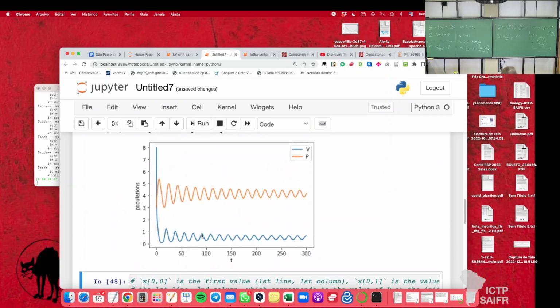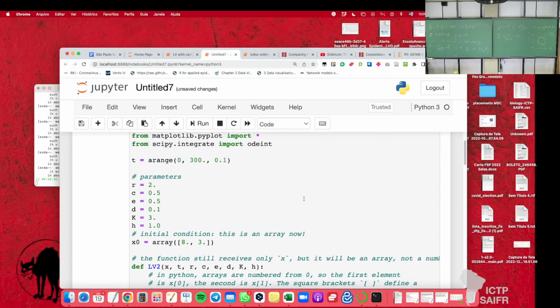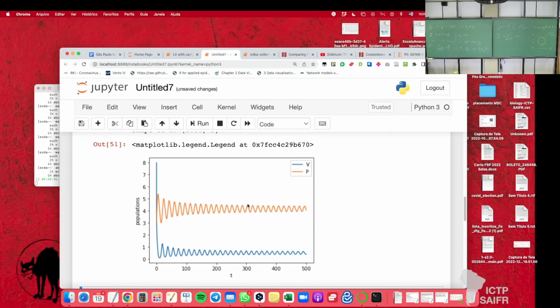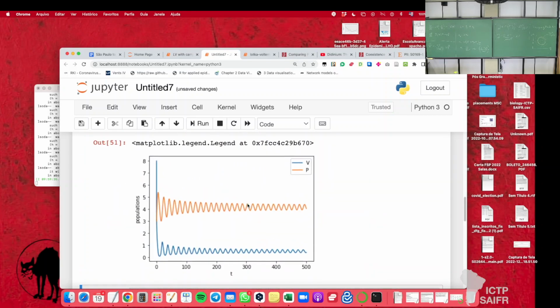Oscillations, it's difficult to see if they are still diminishing or not. So you would have to go for a longer time and see if they are stable or not. So yeah, it seems that you get oscillations with carrying capacity equal to 3, and with 4 also. But now, remember, with 3, the amplitude of the oscillation is smaller than it was with 4.